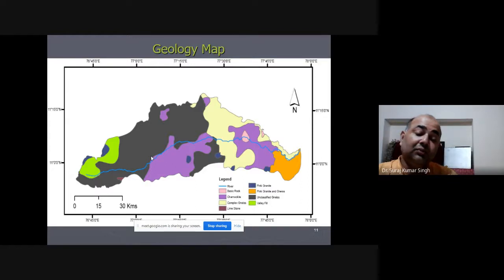Whatever map I have shown till now, you can easily calculate the area. What is the area of basic rock, what is the area of granite, what is the area of gneiss. So you will also be performing statistical analysis, not only seeing the spatial distribution of various soil types, lineament density, drainage density, and geology.